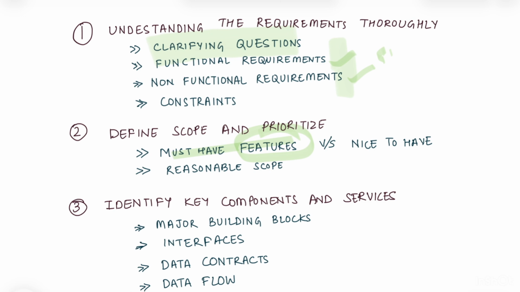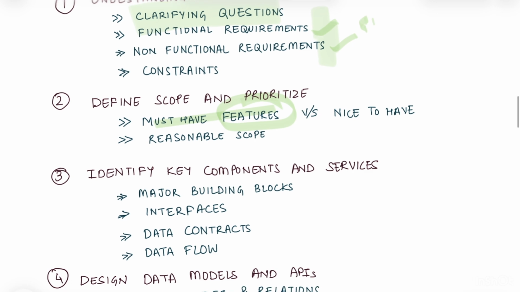Now, coming on to the most important section that we are going to discuss, identifying the key components and services. Now we move to the actual architecture part. This is basically where you break the system into major building blocks.